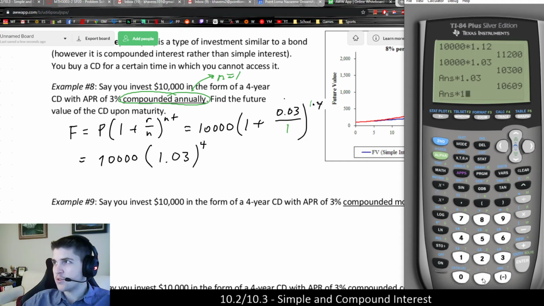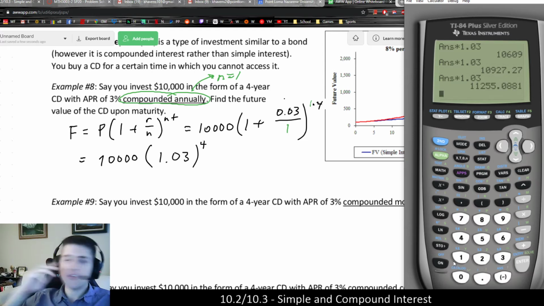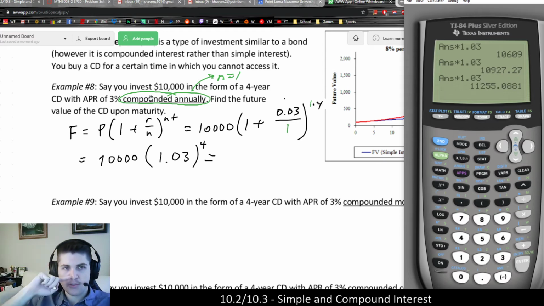And then over the course of 4 years, it's going to amount to this much, which, as I can tell from what I just did, is exactly this, right? 10,000 times 1.03 times 1.03 times 1.03 times 1.03, hence being an exponential growth, which gives it that shape.